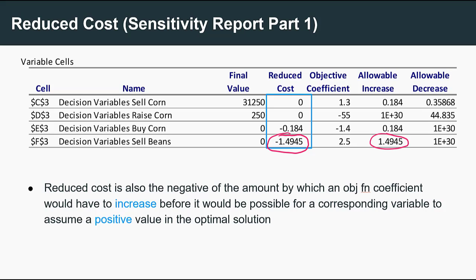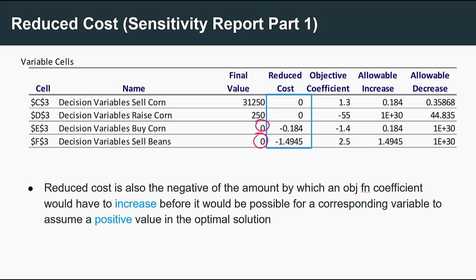And if you take a look at the allowable increase, it's actually the negative of the reduced cost. This is also true for the buy corn. So this is true for those variables where the optimal solution is 0.